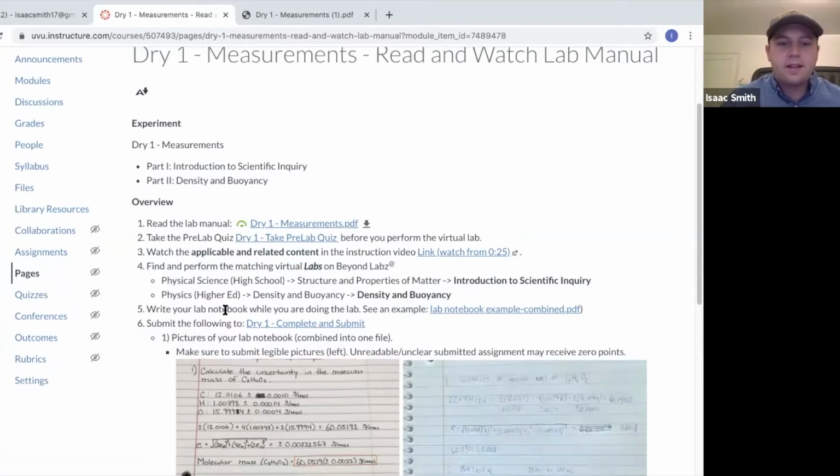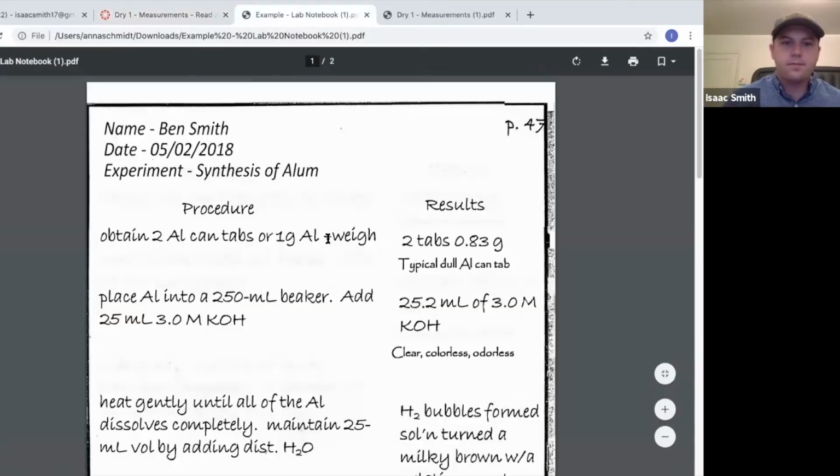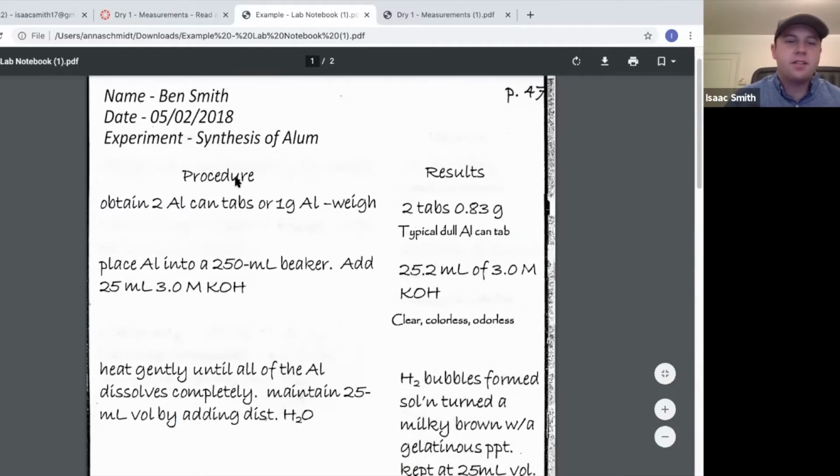And then while you're doing the lab, you just want to write in your lab notebook. Okay, so here's an example of a lab notebook. You've got your name there, you've got the experiment number, so I know which experiment it's for, and the date is good. You don't need to copy the procedure word for word.